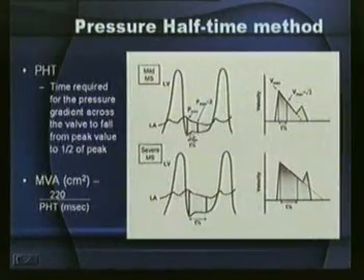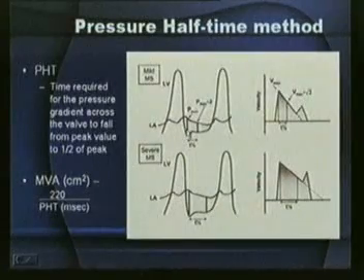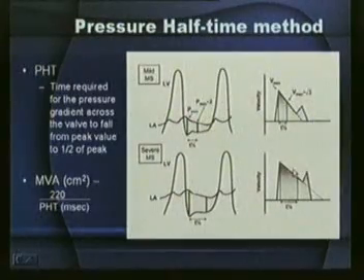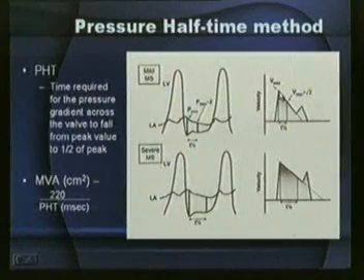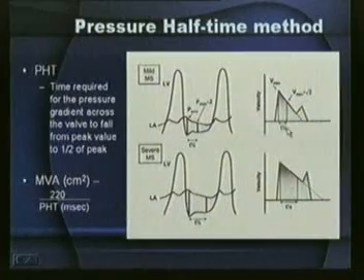If you look at this pointer, from the peak value to half the value, this is T half, and that is what pressure half time relies upon. Similarly, if you see it in the mitral Doppler analysis, this is the max, this is the half, and this is the T half, right? And then you apply this to a formula and you will get the mitral valve area.